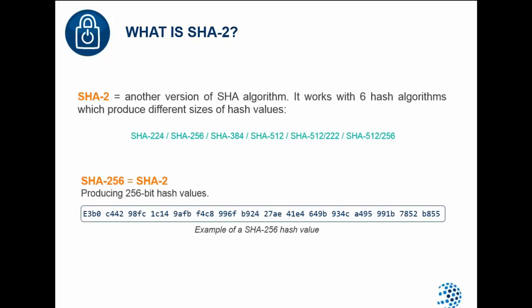What is SHA-2? SHA-2 is just another hashing algorithm. It's a SHA algorithm which produces a different size of hash value. Here you can see in the example that it produces a 256-bit hash value.